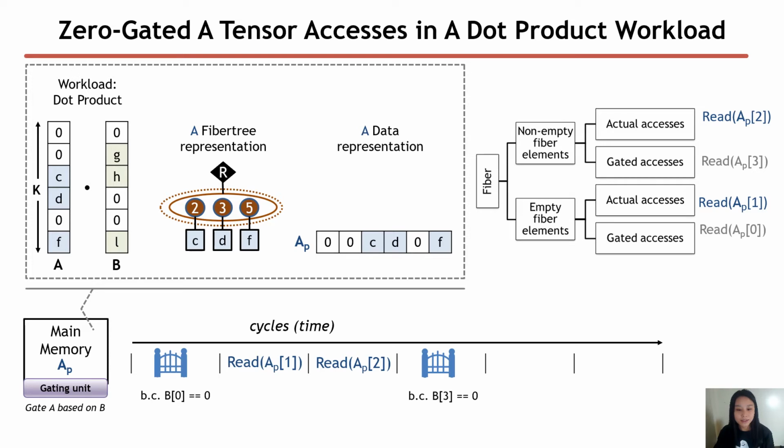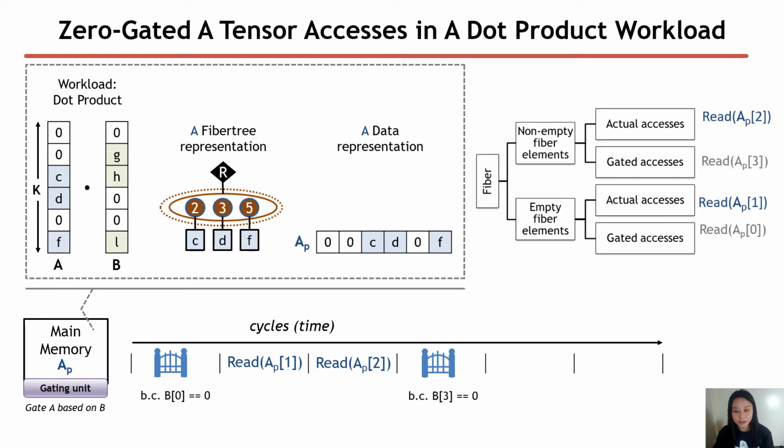So because in the second cycle B has a non-empty value, even if A is empty, we have to read it out. Okay, so second and third cycles are read out.